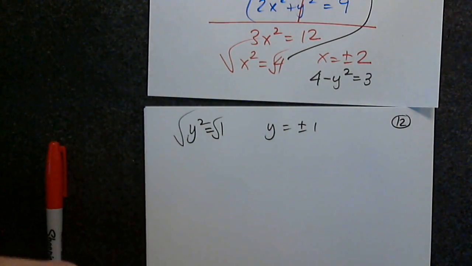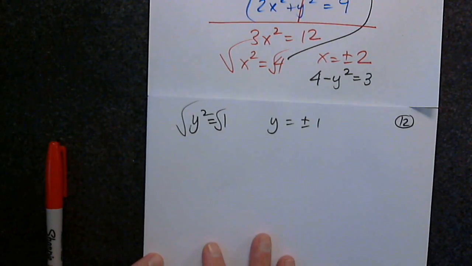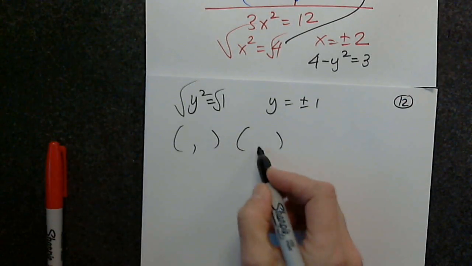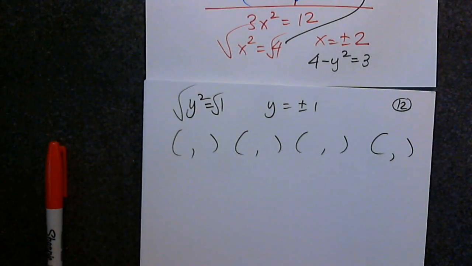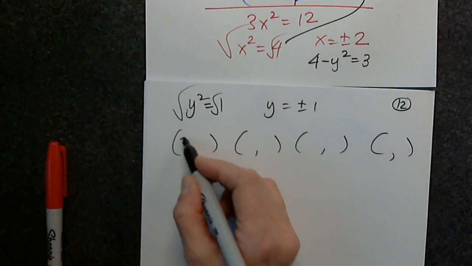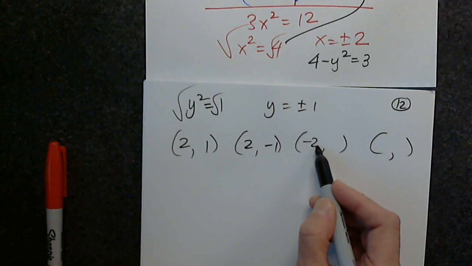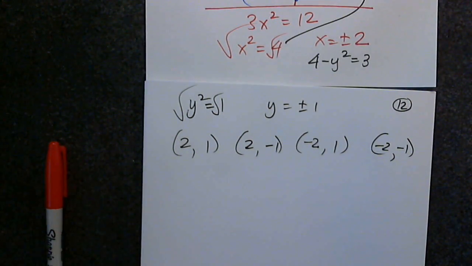Also remember, when x is 2, y is negative 1 or positive 1. When x is negative 2, y could be positive 1 or negative 1. So how many solutions will we find here? 2, 1; 2, negative 1; negative 2, 1; and negative 2, negative 1.